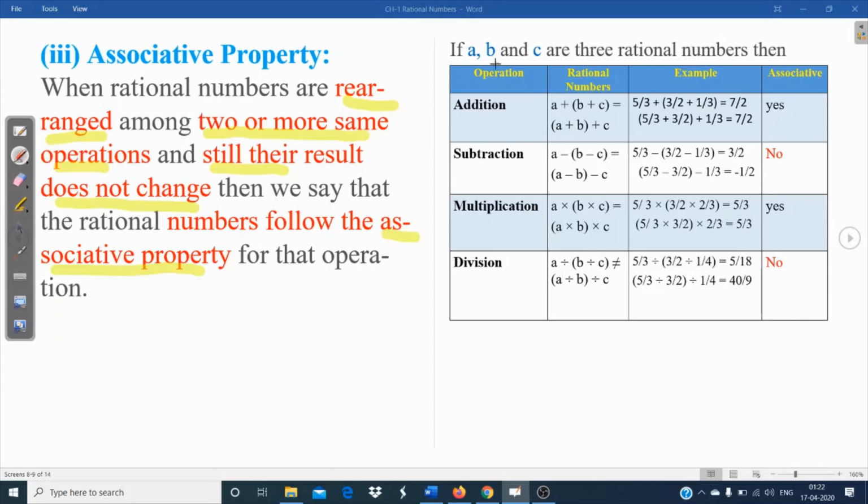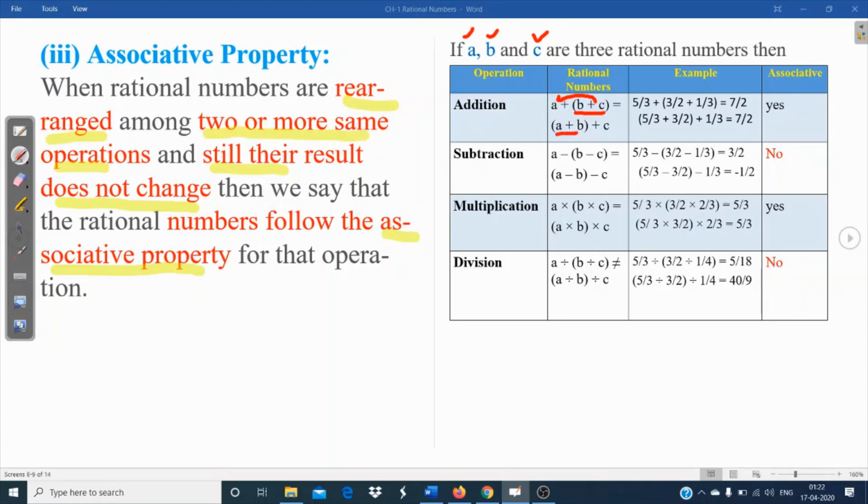First, we are taking three rational numbers a, b, and c. These are three different rational numbers. Now, in addition, what are we doing? First, we are grouping b plus c together. Whatever the result of b plus c after addition, that result we are adding to a. Now we are grouping a plus b.